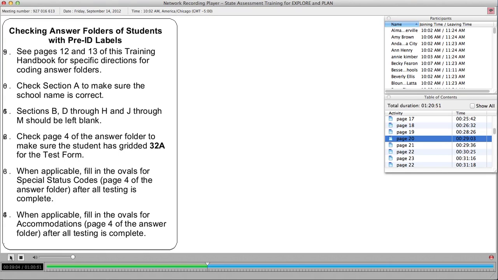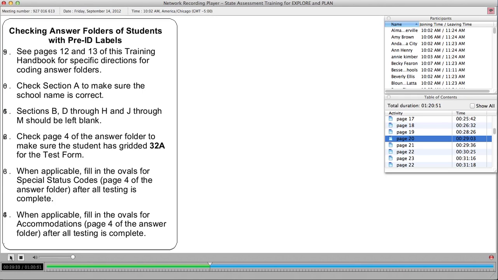Checking answer folders of students with pre-ID labels. Pages 12 and 13 of this training handbook give specific details for coding the answer documents, but we'll go over that as we get to those descriptions of the answer documents. When applicable, fill in the ovals for special status codes and for students who receive accommodations.